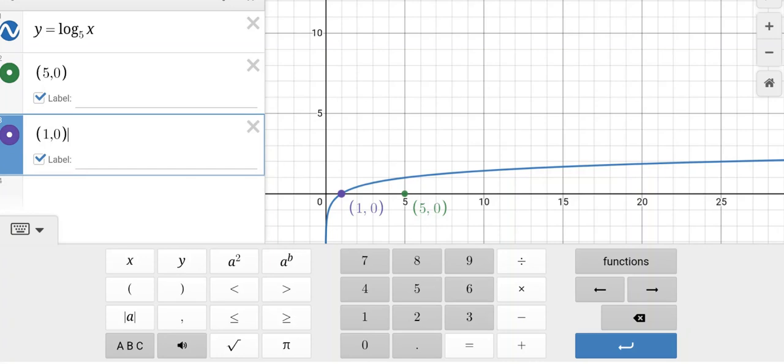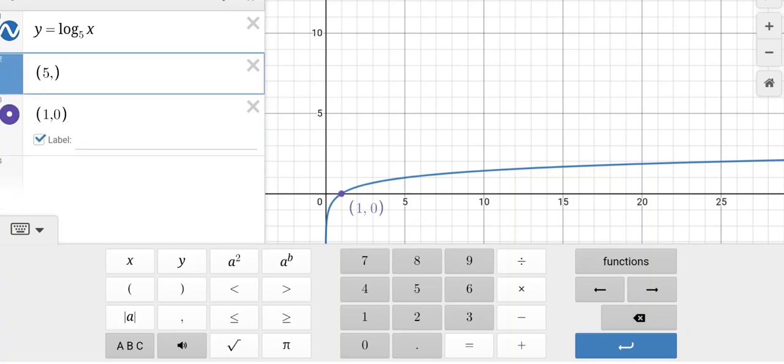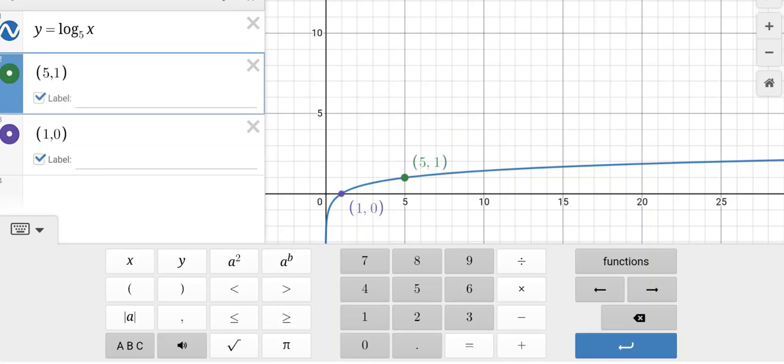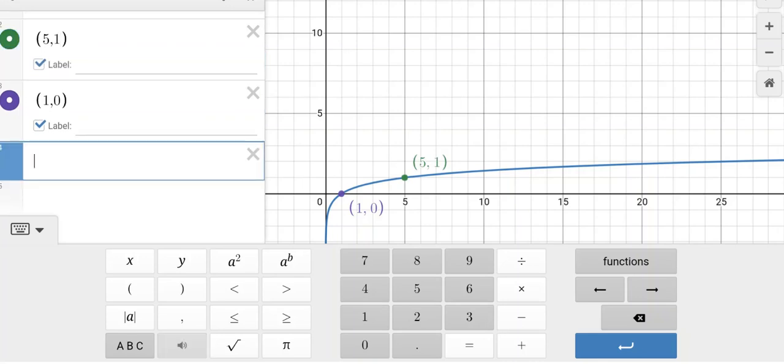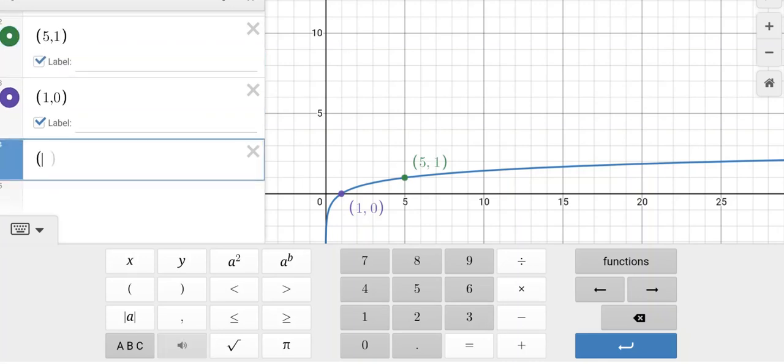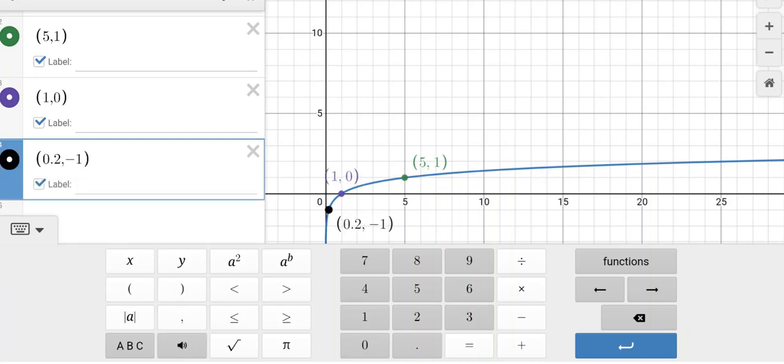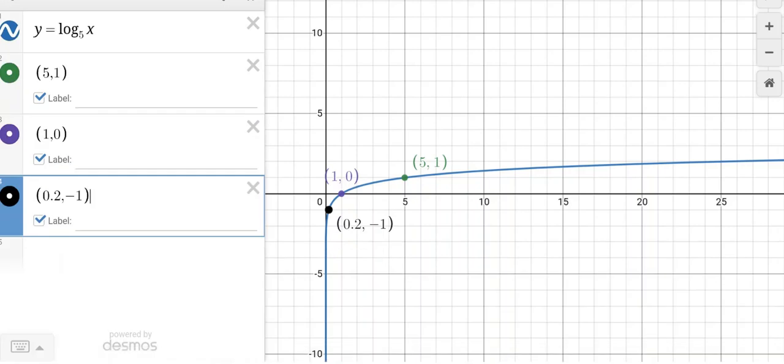Sorry, that should be 5, 1, and 1, 0. And we need a 5th. A 5th is 0.2, so I'm going to put it as 0.2, comma, -1, and that is going to be there. So these are 3 points that we can use to graph.